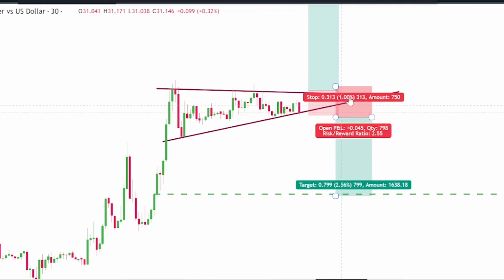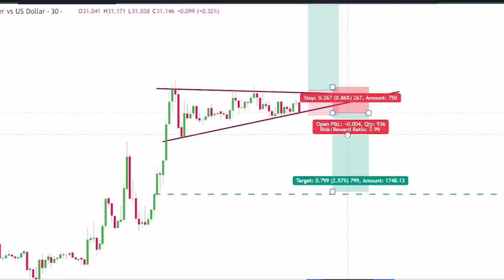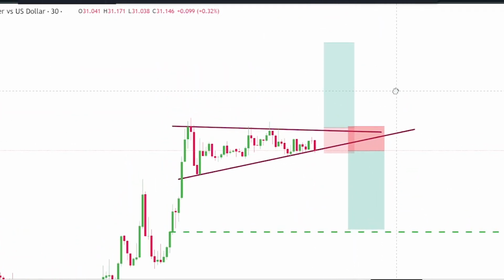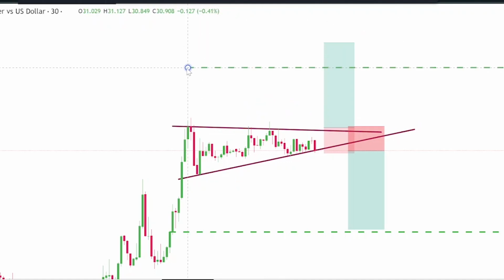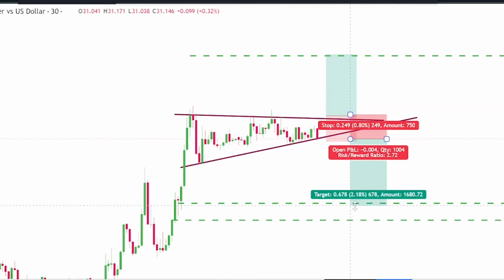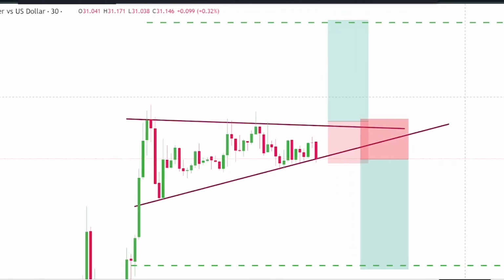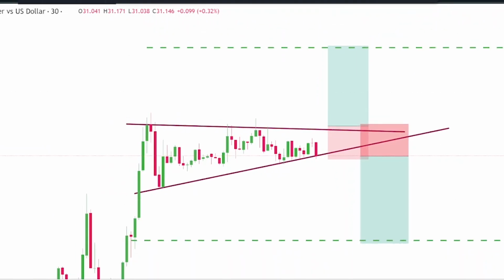This will be the TP for the sell side, and from the upside, the TP will be from this area. If we break from the downside, we will cancel the buy stop. If we break from the buy stop, we will cancel the sell stop.